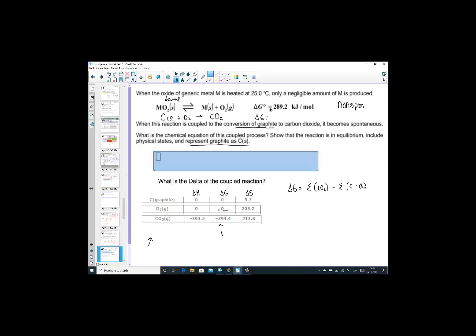That's why oxygen is assigned a 0, and that's why we have graphite assigned a 0. That's carbon's elemental form. And so delta G is going to be equal to the carbon dioxide value, negative 394.4, minus 0 plus 0. Elemental carbon and elemental oxygen have no value for delta G. So that delta G up here becomes negative 394.4.